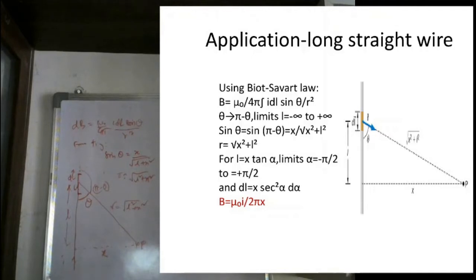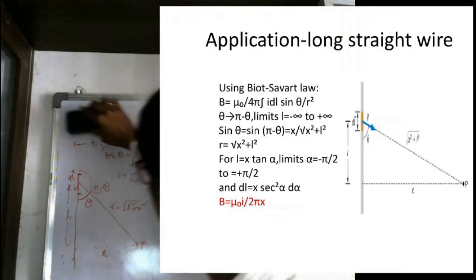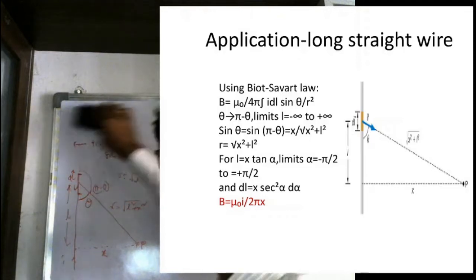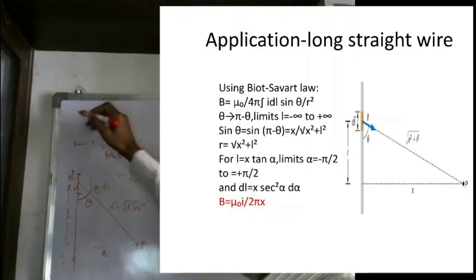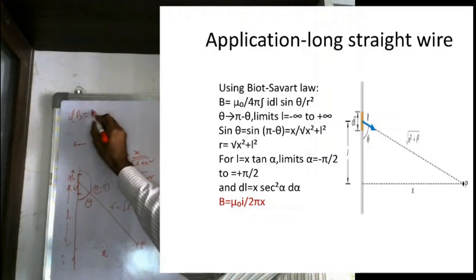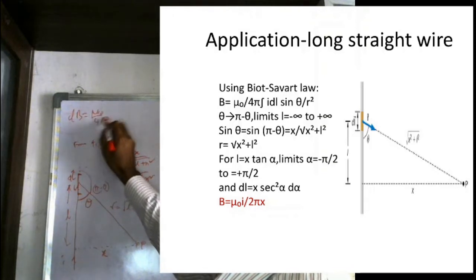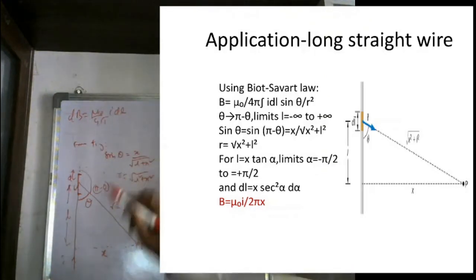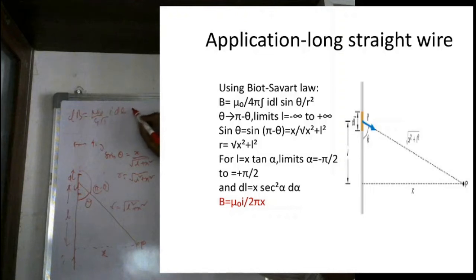Now I will write here: dB is equal to mu naught by 4 pi I dl. What is your sin theta?